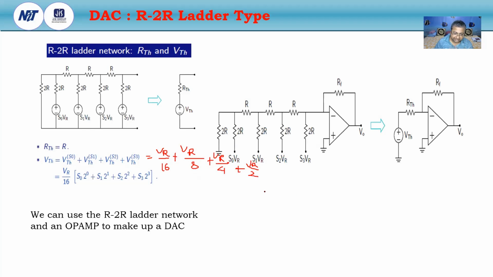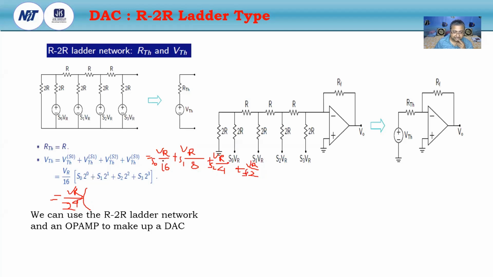Now if we take the common of VR by 16, that means VR by 2 to the power of 4, then you will get S0 into 2 to the power of 0, and so on for S0, S1, S2, S3. So this is for S0, this is for S1, this is for S2, this is the weightage, the binary value, and this is S3.